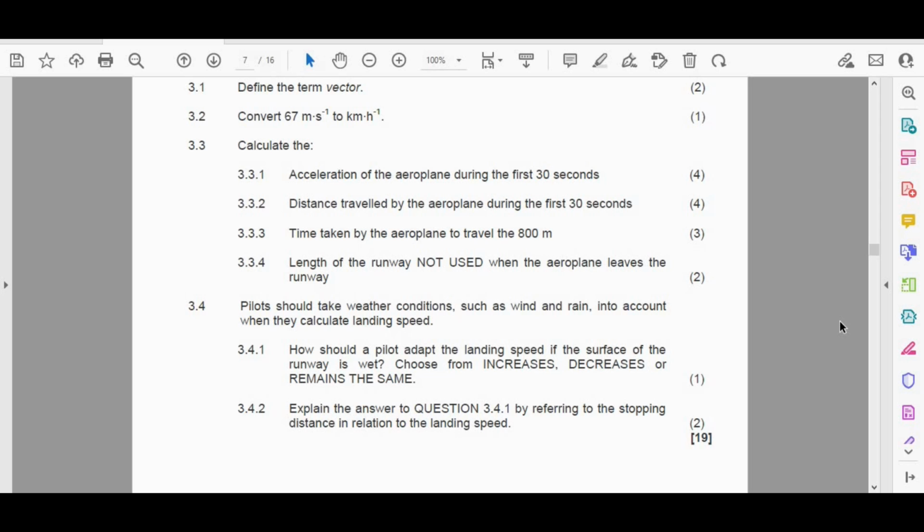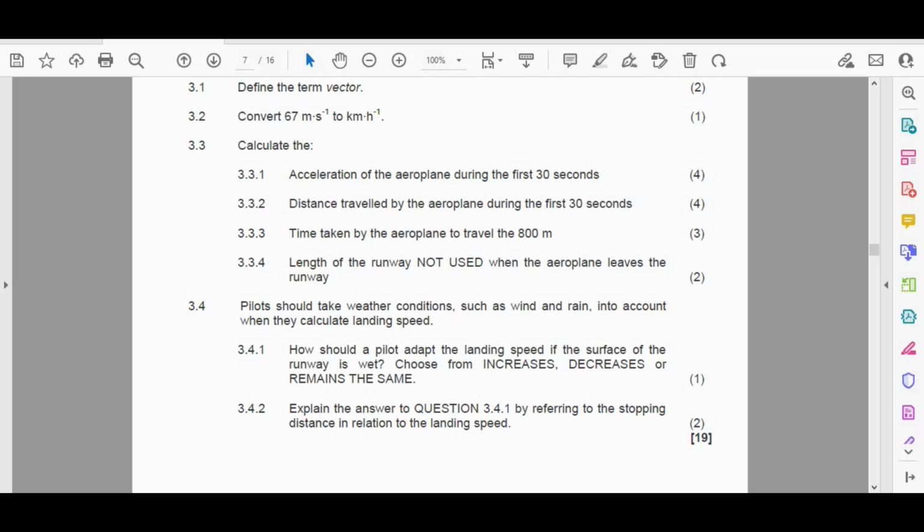Let's read that question again. How should a pilot adapt the landing speed if the surface of the runway is wet? Choose from increase, decrease, or remains the same. What do the people currently sitting here in this classroom say? If the runway is wet, should the pilot increase, decrease, or keep the landing speed constant? What say the children in the class?